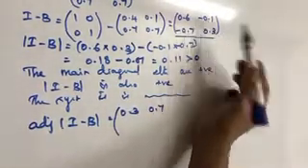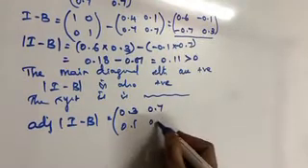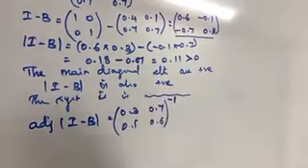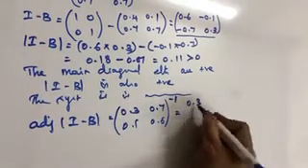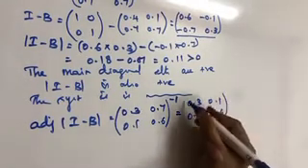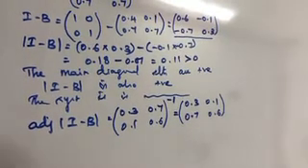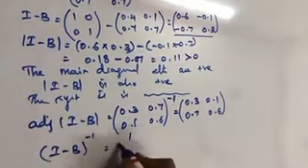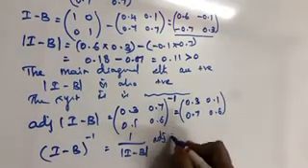Similarly for this, it is minus of minus 0.1, so it is 0.1. For 0.3, it is 0.6. The adjoint matrix is the transpose of the cofactor matrix, which gives 0.3, 0.1, 0.7 and 0.6. This is the adjoint matrix. Now we have to find the inverse matrix. So I minus B inverse is equal to 1 divided by the determinant of I minus B, into the adjoint of I minus B.